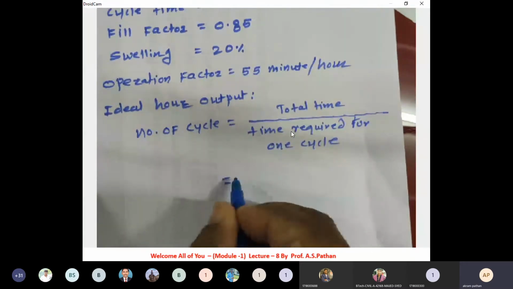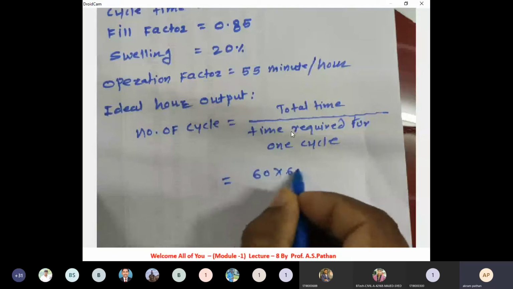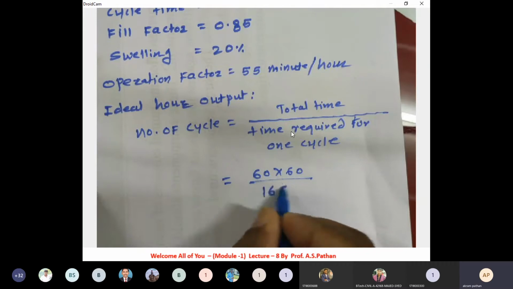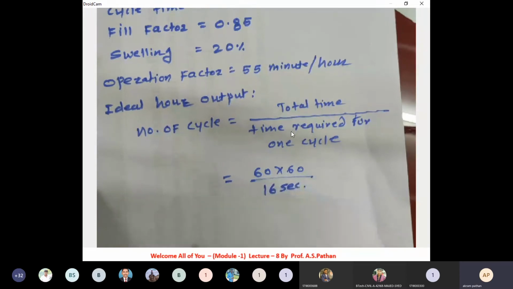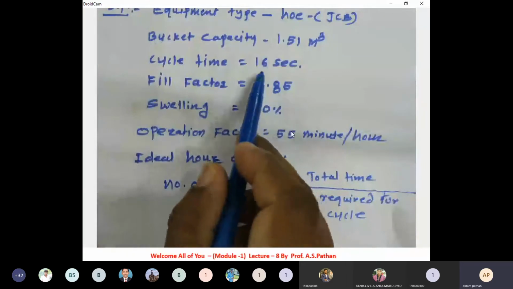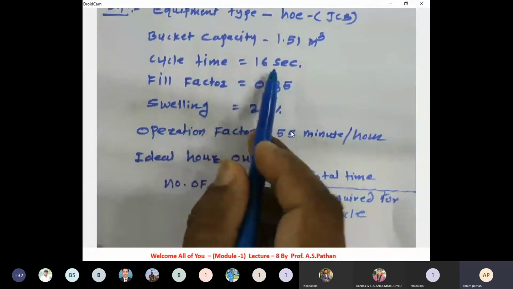So total time is 60 into 60, because 1 hour is 60 minutes into 60 seconds, divided by the time required for one cycle, which is given in the problem, 16 seconds. Cycle time is equal to 16 seconds.